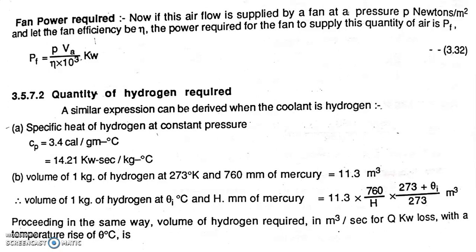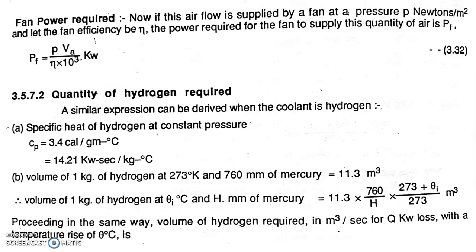And the volume of 1 kg of hydrogen at normal temperature and pressure is 11.3. As we saw earlier, instead of 0.775, which is the volume of dry air, for hydrogen it is 11.3.